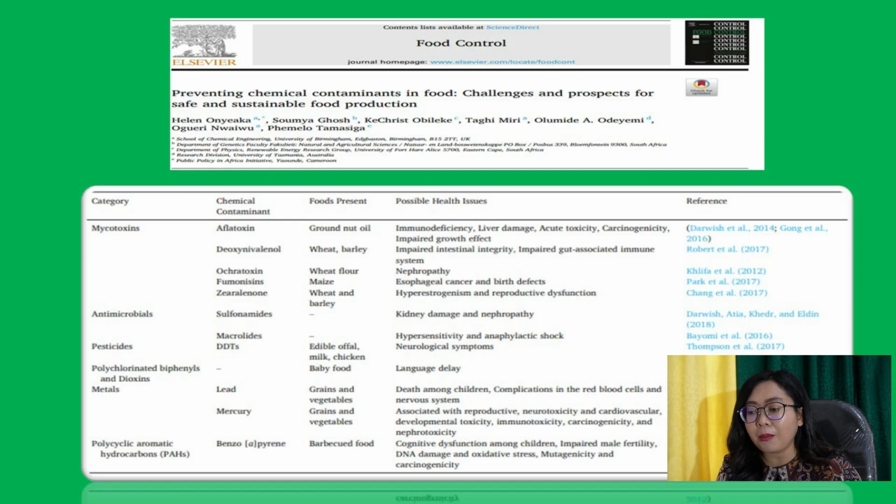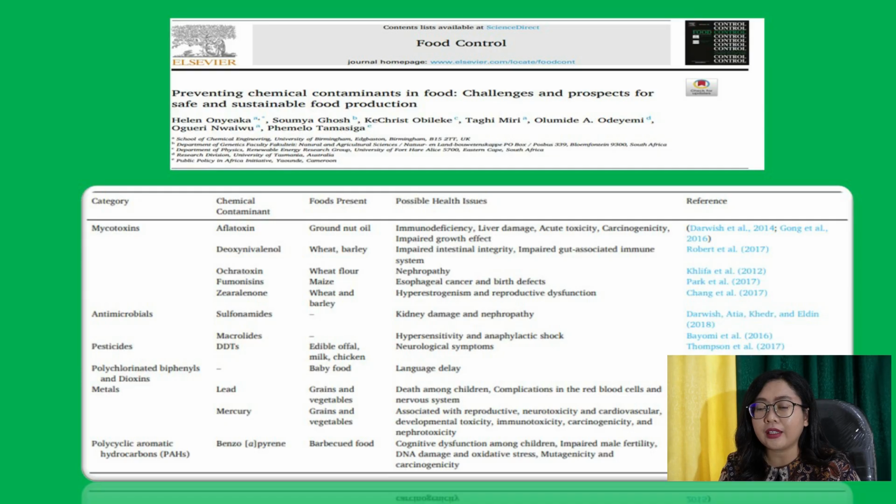These polychlorinated biphenyls and dioxins found in baby food may cause language delay, or we are familiar with the term speech delay, where babies cannot speak on time. Another category is metals, that is lead and mercury, which they usually find in grains and vegetables.